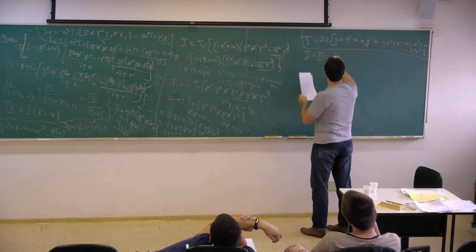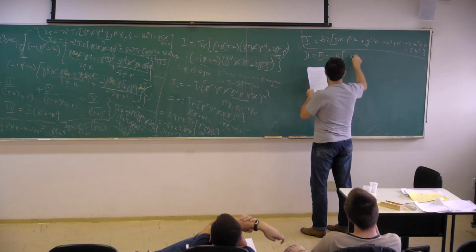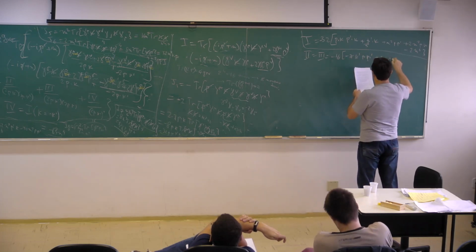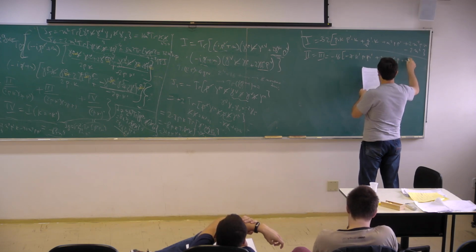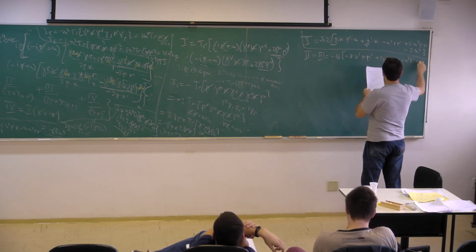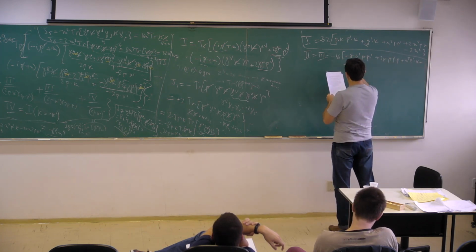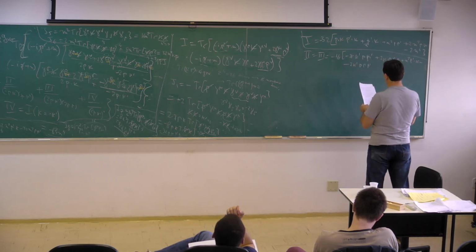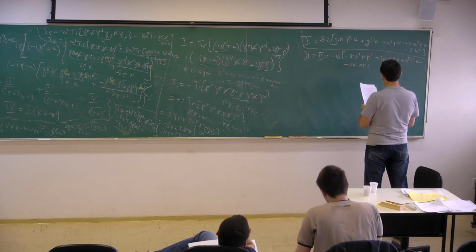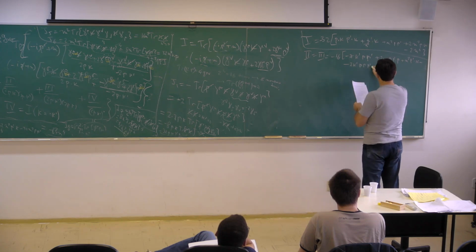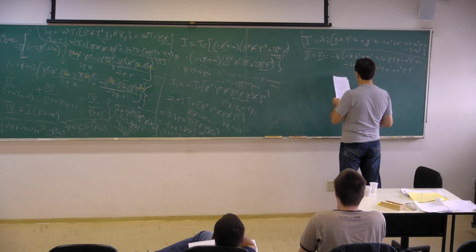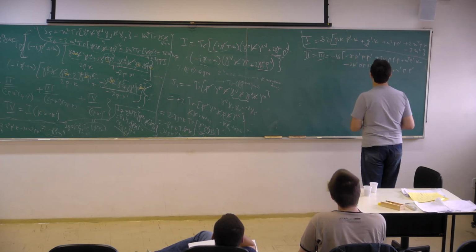And the result is minus 16 minus 2k k prime p prime plus 2k p prime p plus m squared p prime k minus 2k prime p prime, minus m squared p prime k prime plus m squared p p prime. No, what am I?